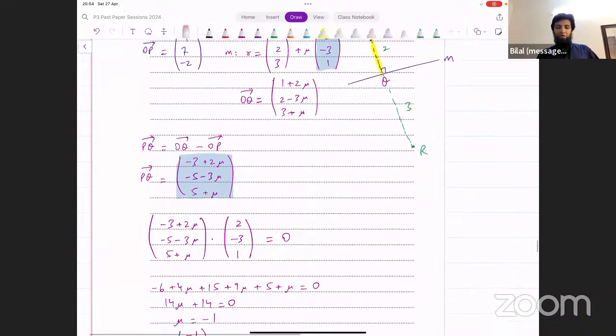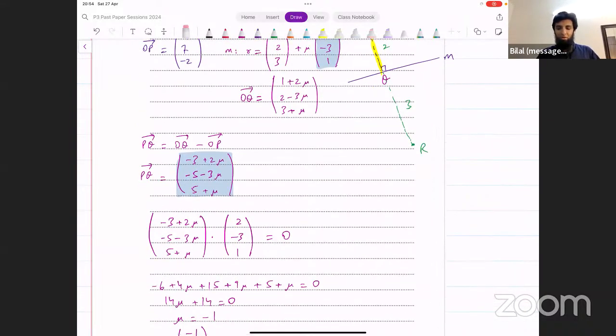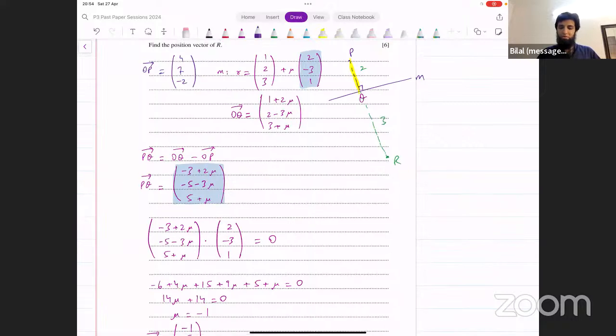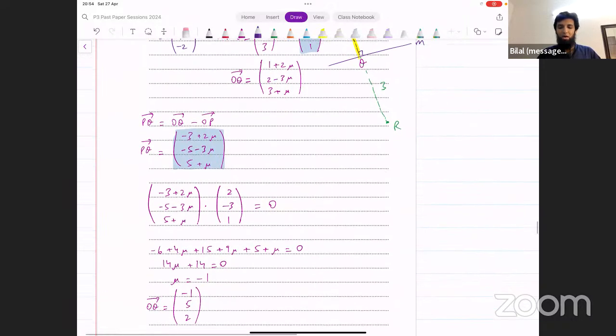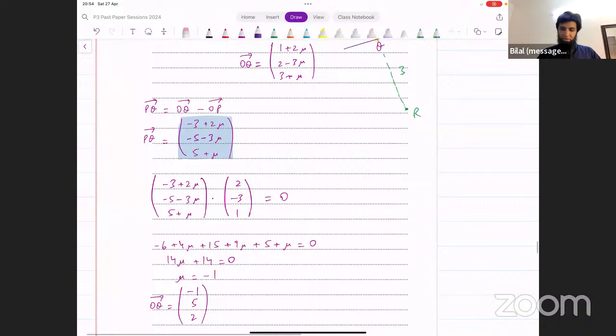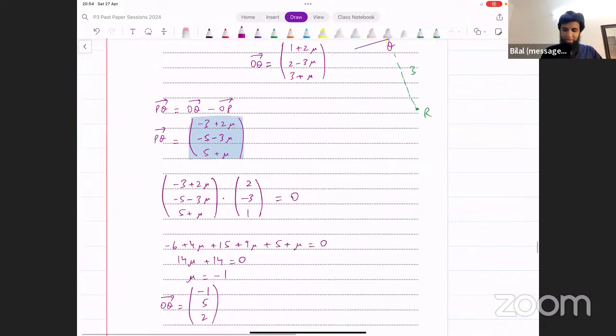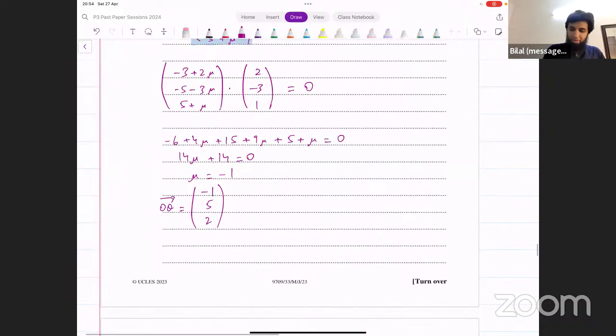All right. So we have OP and we've got OQ. Now we need to find the vector OR somehow. How do we do that? Let's think about this. There could be another formal way of doing this, but you can actually just think of it logically.